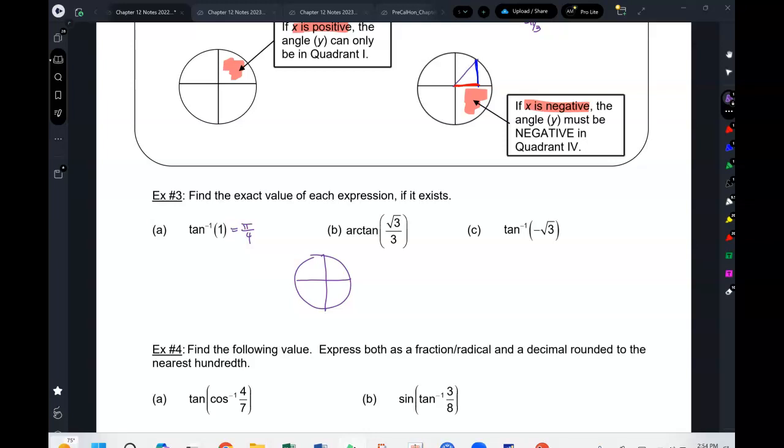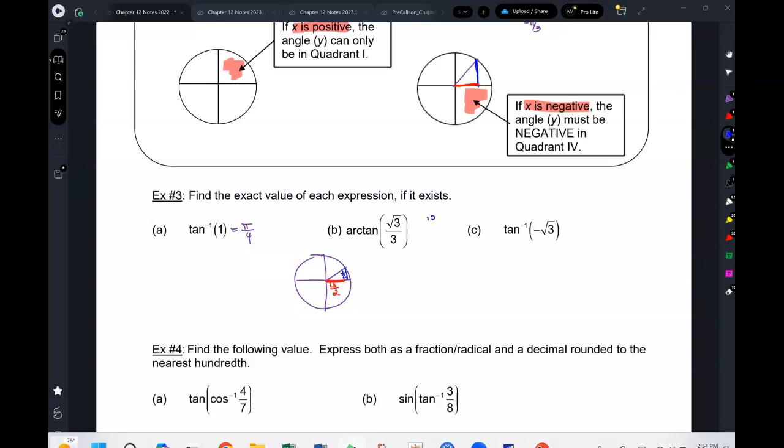Okay, so let's take a look at pi over 6. Oh, I know. For pi over 6, x is root 3 over 2. Y is 1/2.